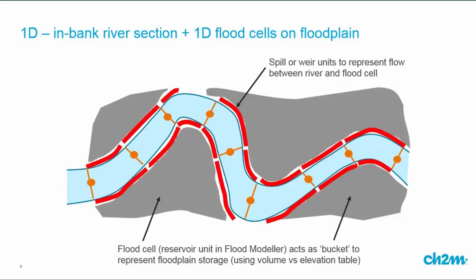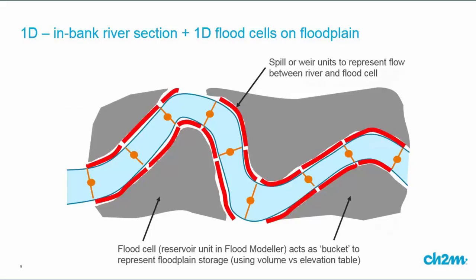You represent these flood cells using a volume against elevation table. And on here we've got these red lines representing the top of bank, the crest levels of the river or of the defence. In Flood Modeler they're called spill units, and we spill water out of the river into the flood cells, or vice versa, it can come back into the river across those red lines. So again, this is a 1D in-bank river section, and then 1D flood cells with spill units linking those through.